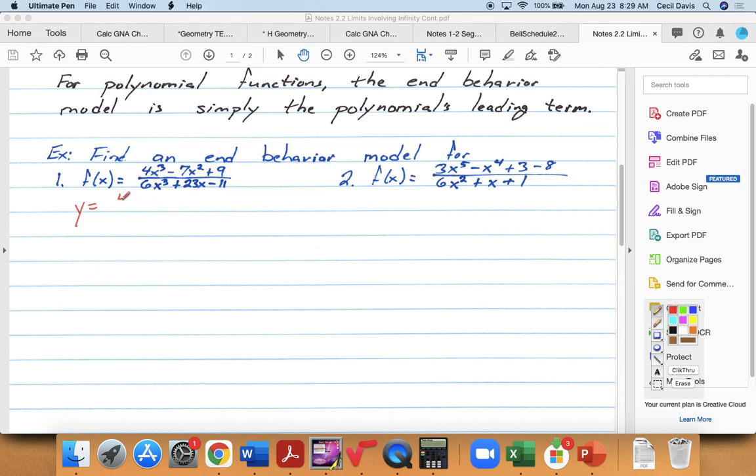So here that's going to be 4x cubed over 6x cubed. Well, 4 over 6 is 2/3. So y equals 2/3 is the end behavior model for that.